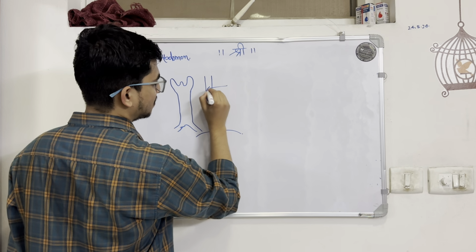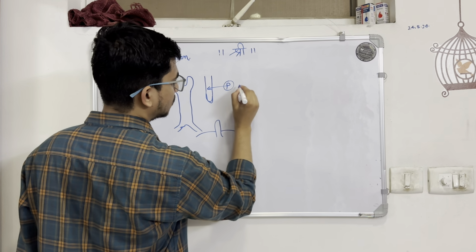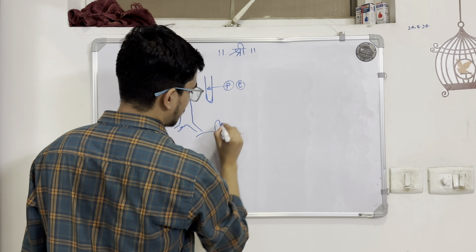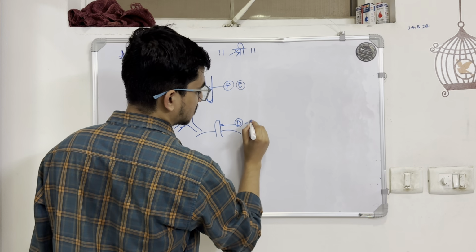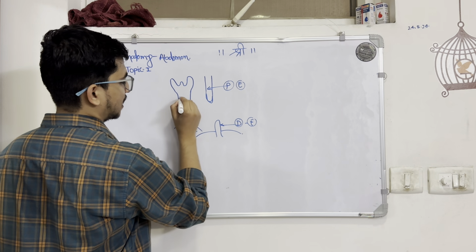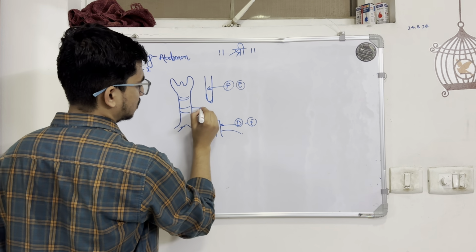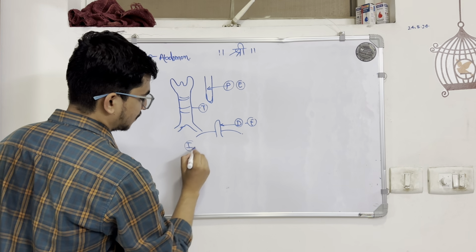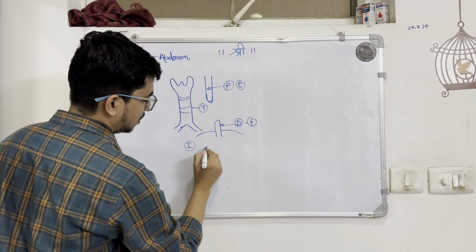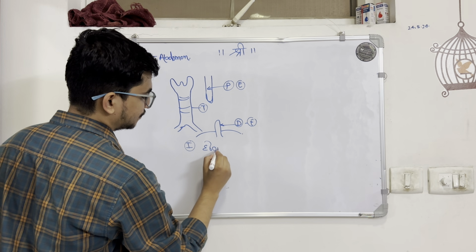This is the proximal part of the esophagus, and this is the distal part of the esophagus. This is the trachea. This is the first type of anomaly, esophageal atresia.